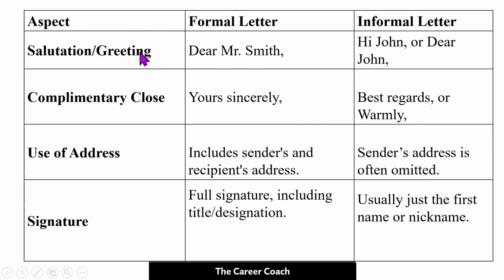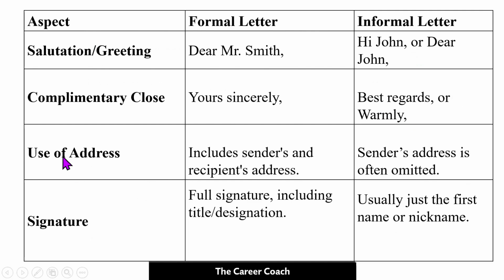With regards to salutation or greeting, the formal letter takes greetings such as Dear Mr. Smith. Informal letters take Hi John or Dear John. With regards to complimentary close, formal letters take closes like Yours sincerely, and informal letters take closes like Best regards or Warmly.